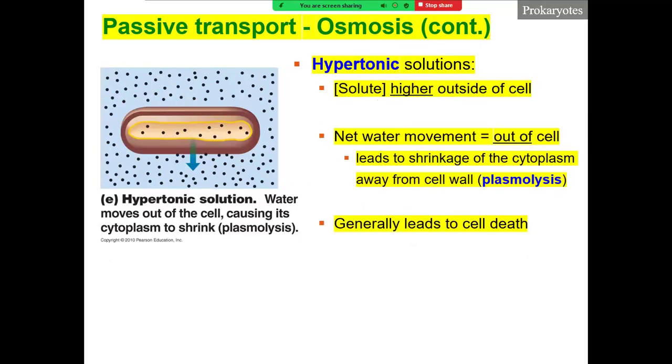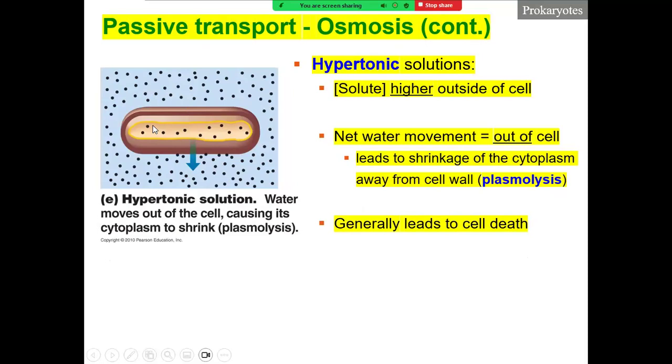A hypertonic solution is where the solute concentration outside the cell is higher than the solute concentration inside the cell. That means water will leave the cell, moving down its concentration gradient, because there's less water outside the cell than inside the cell.